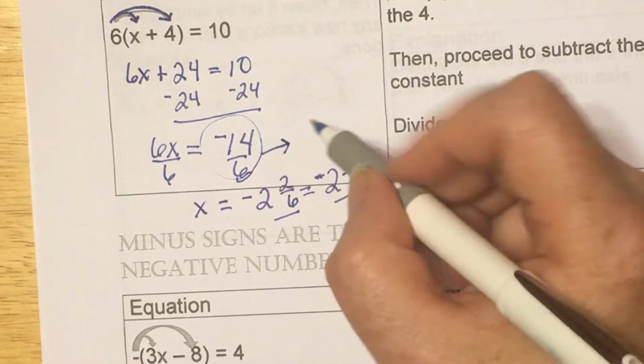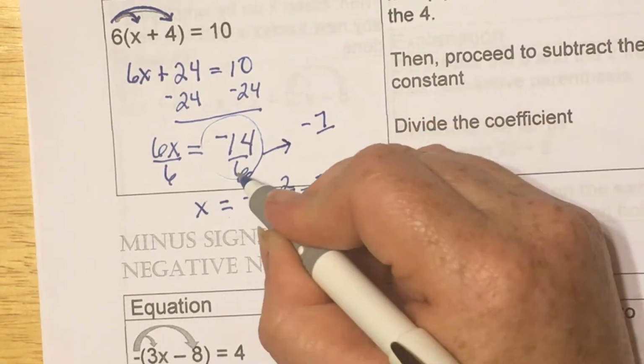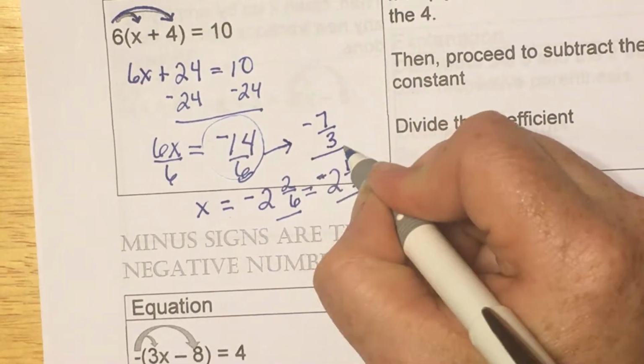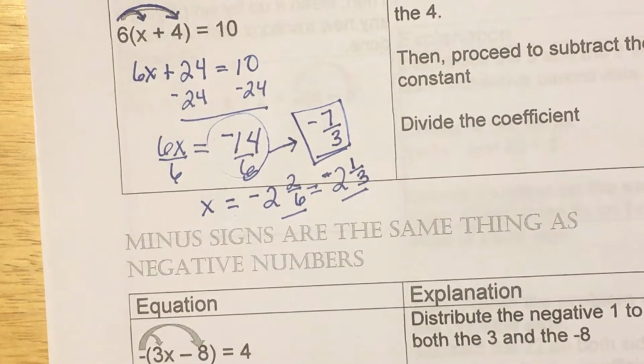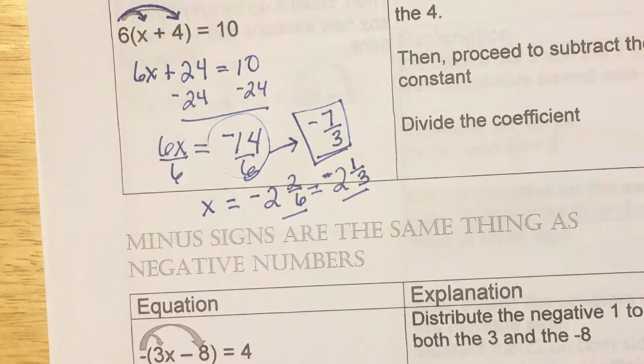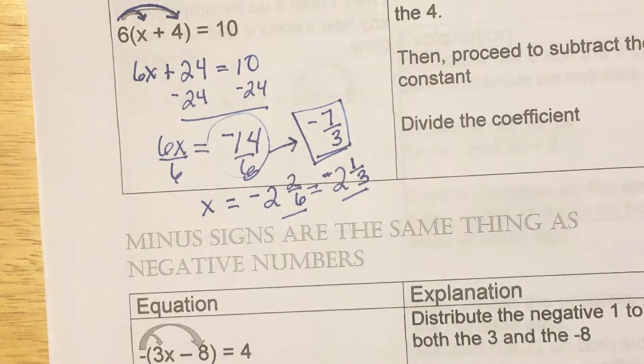Well, 14 divided by 2 is negative 7. 6 divided by 2 is 3. And you'll see answers on a standardized test written like that. Why? Because standardized tests, math teachers, we all prefer the fractions to decimals that are not terminating. We want exact answers, not approximate.